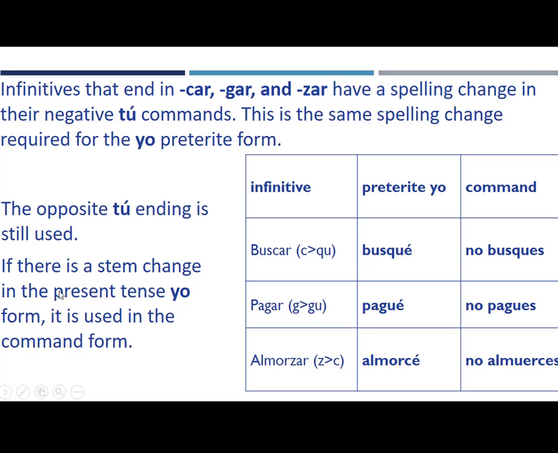If there's a stem change in the present tense, it is still used. So just keep any little changes. Remember those 3 steps. Yo form, drop the O, put the opposite vowel. It's very similar. Just be careful because it's going to look like ques, gues, and ces. It's the same little changes that happened before. So careful with those car, gar, and zar verbs.